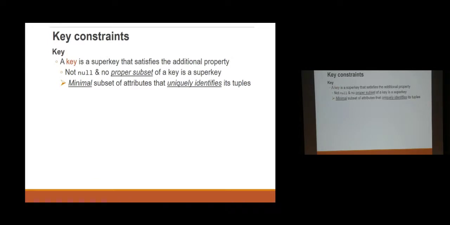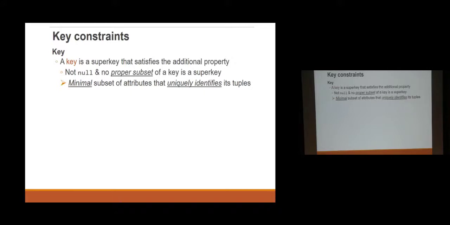It is minimal. Now there's a subtle difference here. It is minimal, it is not minimum. There's a difference between minimal and minimum. Minimal means that you cannot remove any of the attributes further. Minimum is the smallest one. What we are interested in is the minimal, not the minimum.